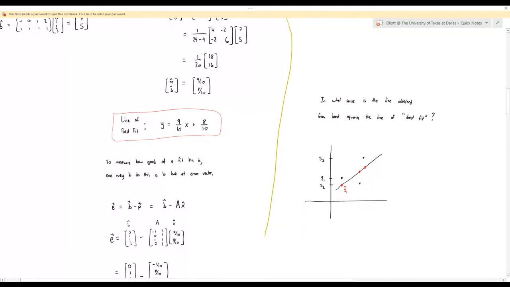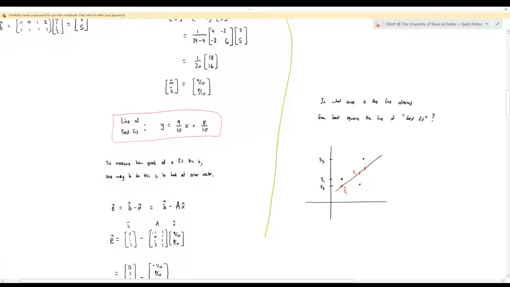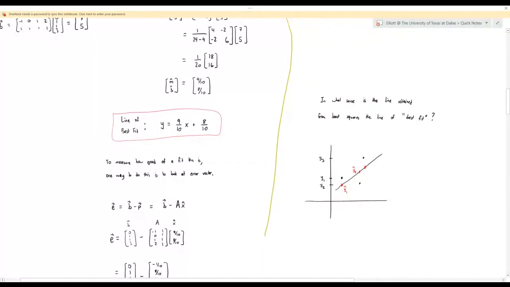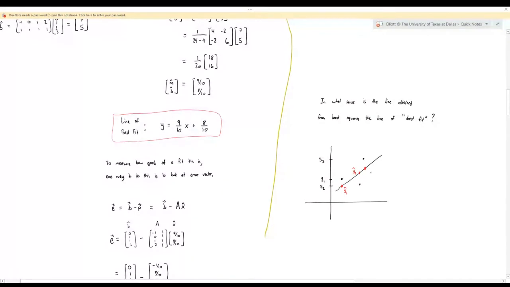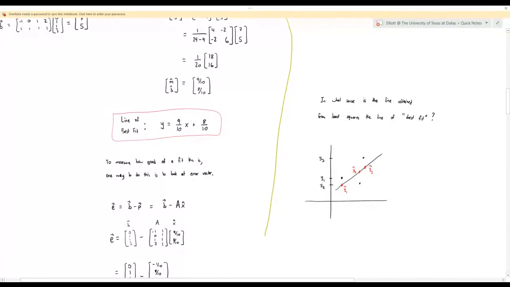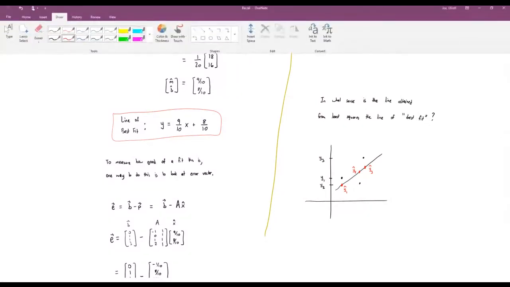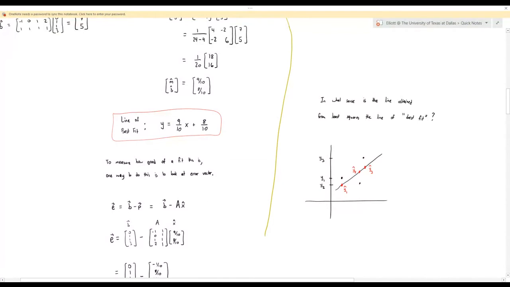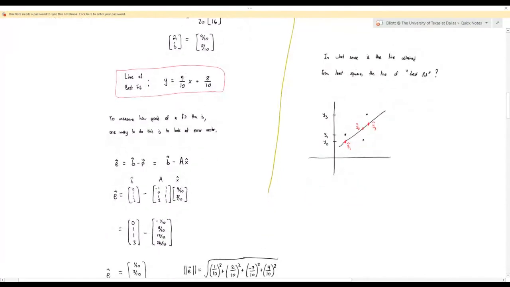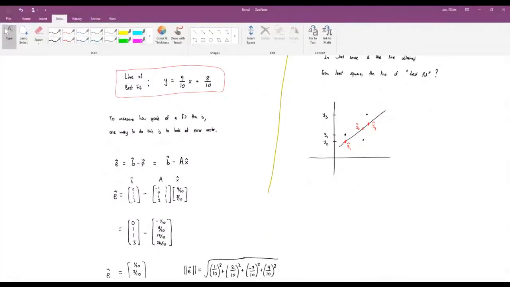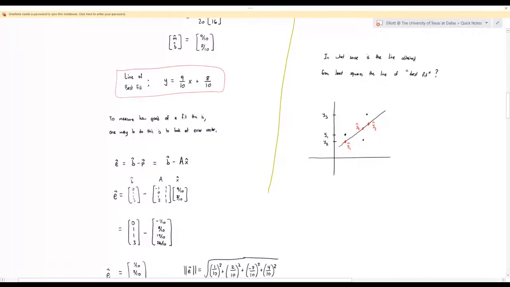Likewise for the second point, its y coordinate is y2 hat. And for the third point, its y coordinate is y3 hat. Let me extend this further down.